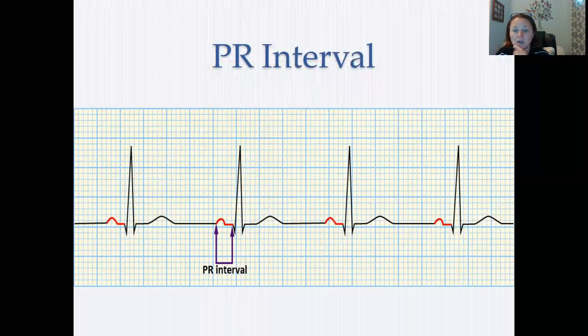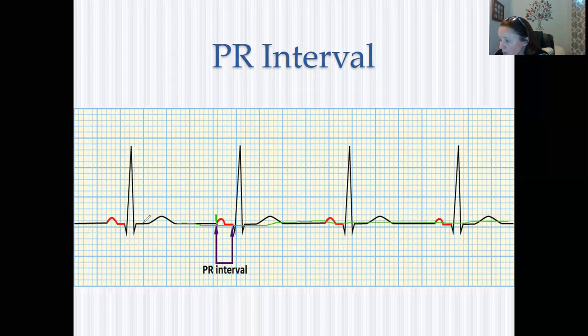All right, so let's talk about measuring each of those pieces that we need to know. The first thing that we want to measure is the PR interval. The PR interval goes from the very beginning of the P wave, when you first see it leave this line here.